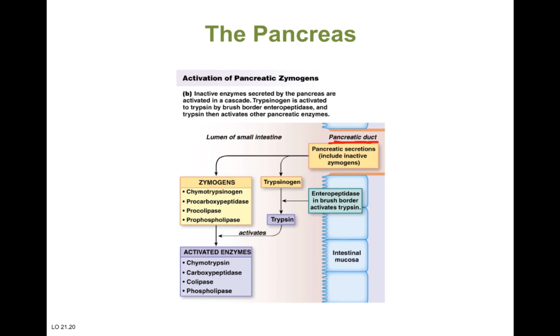I know there's a lot of fancy words here, but look at the end of them. Lipase, think fats. Peptidase, think proteins. So these are the enzymes that start chemically breaking down proteins and fats.